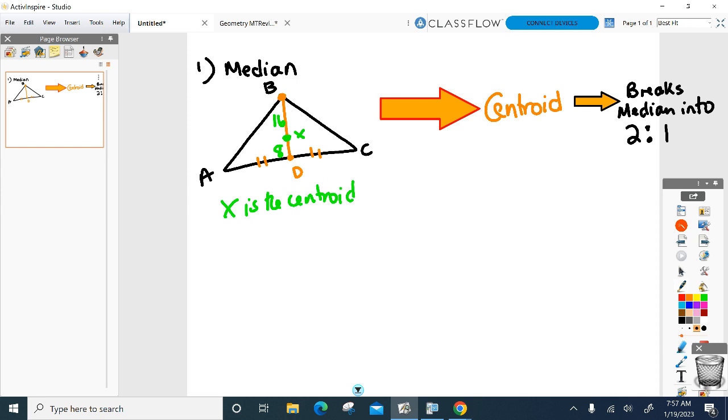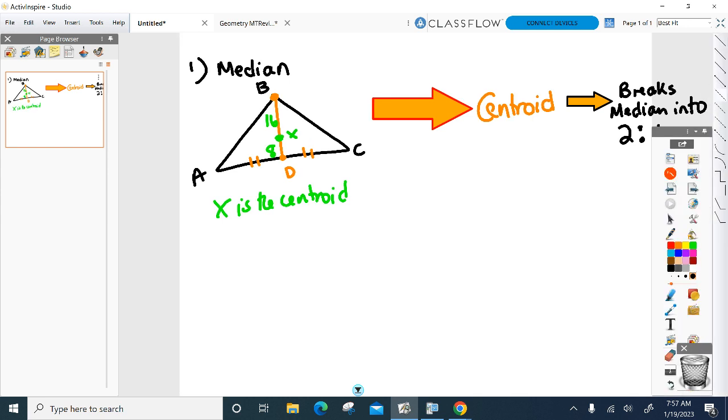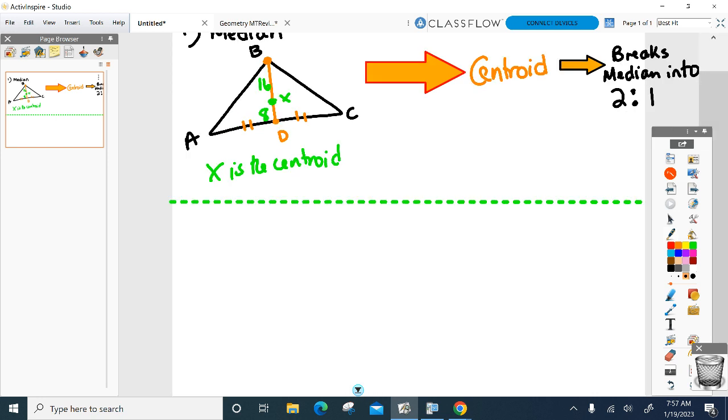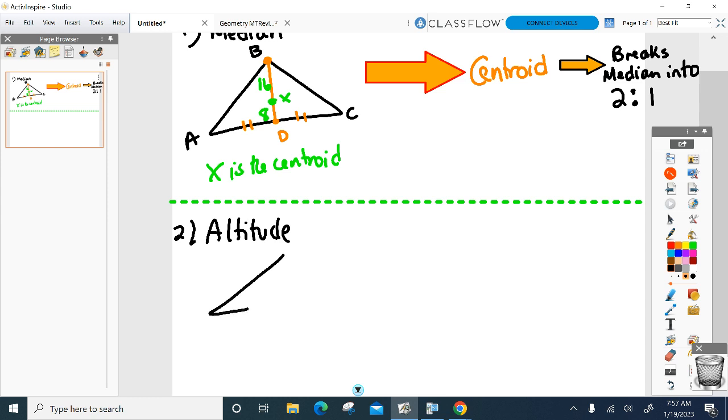All right, next vocabulary term let's cover. Altitude. If I see the word altitude, anybody?